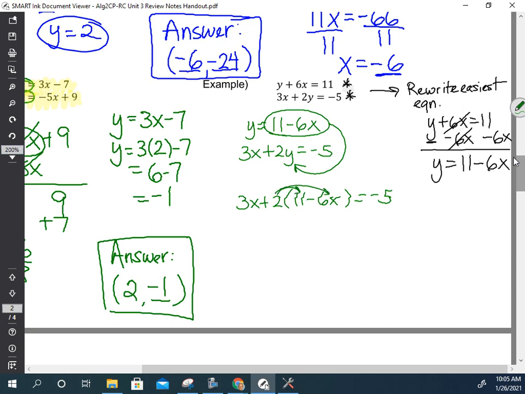Distribute the 2. So it looks like I can combine some like terms. 3x minus 12x. Remember, the plus sign belongs to the 22. So that's 3x minus 12x, negative 9x.